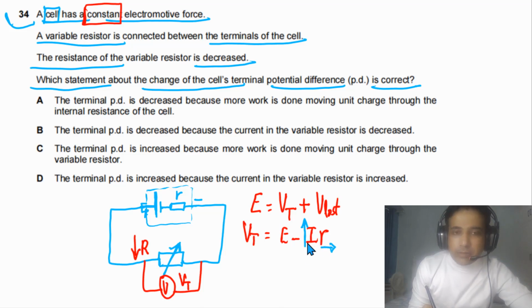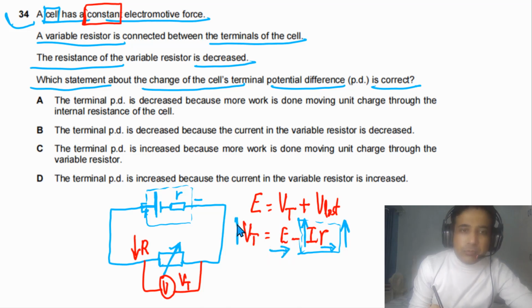If current increases but internal resistance remains constant, it simply means that V lost will increase. If V lost increases, then since EMF is constant, the terminal potential difference will decrease by decreasing the resistance of the variable resistor. So this is the point you need to understand.